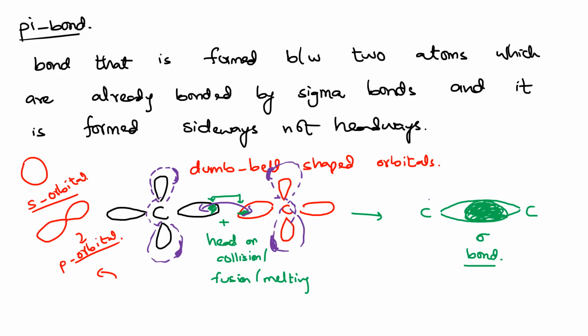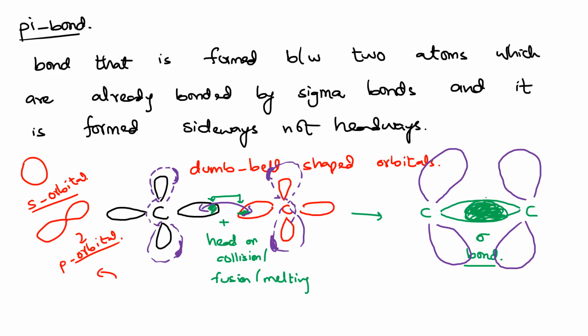Let me show it to you. It can be something like this. They are going to touch one another like this. It feels an attraction towards the other. So what you should now think is that that was the p orbital, and this p orbital is bending or tilting towards the other p orbital.